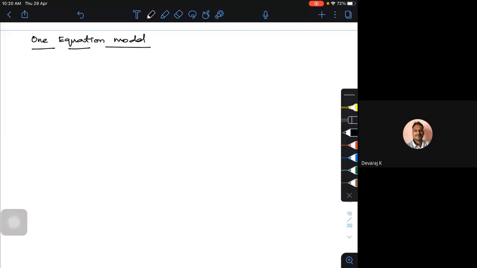Where it's given by minus rho into u dash v dash bar is equal to rho into L square into mod of du bar by dy into du bar by dy. This is one equation.